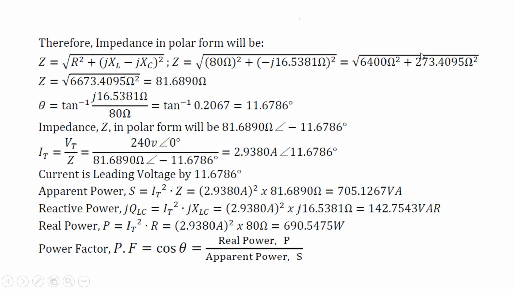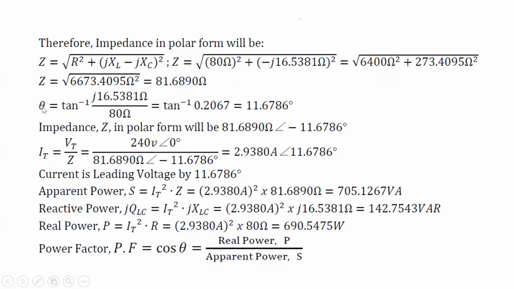And we have our total answer to be 6,673.4095 ohms. Taking the square root gives us 81.6890 ohms. And this becomes our impedance in polar form.